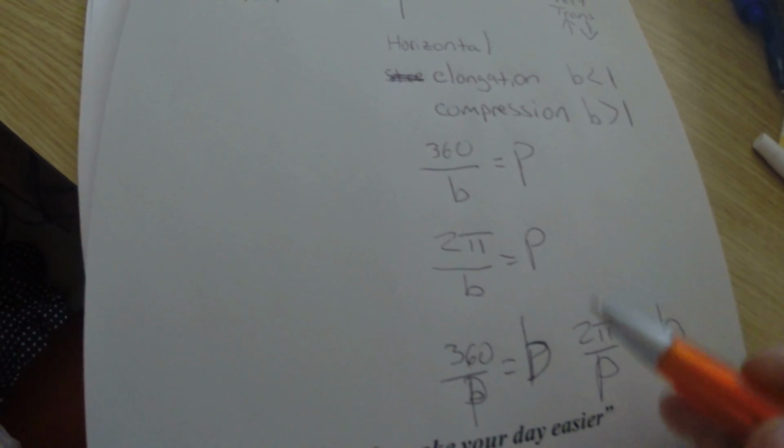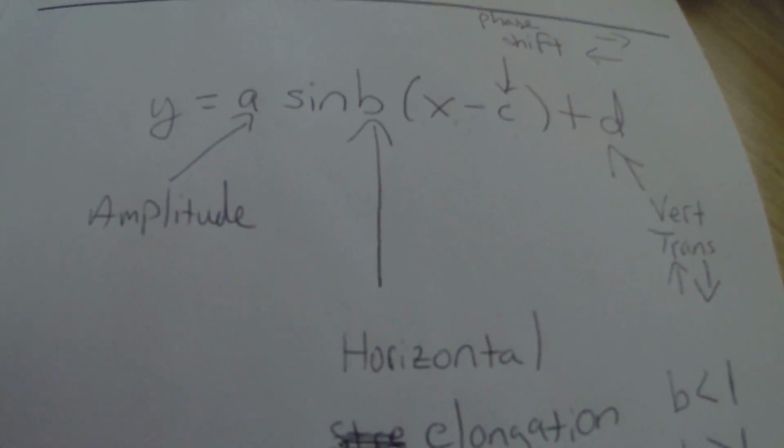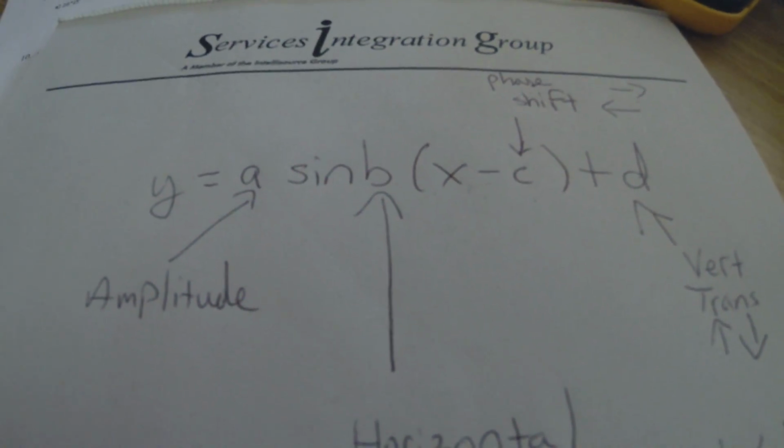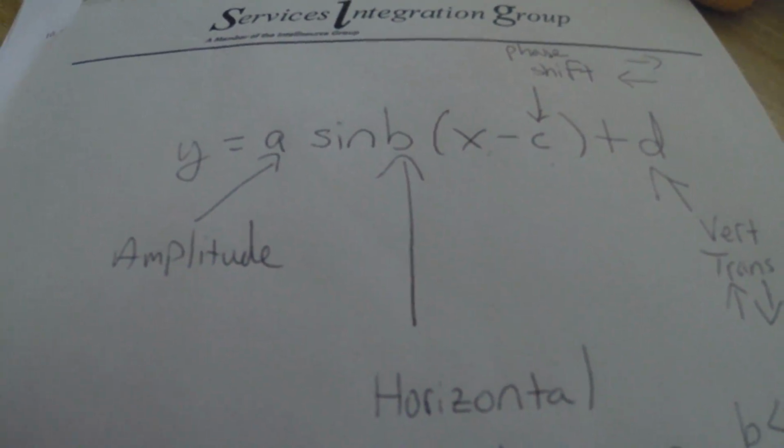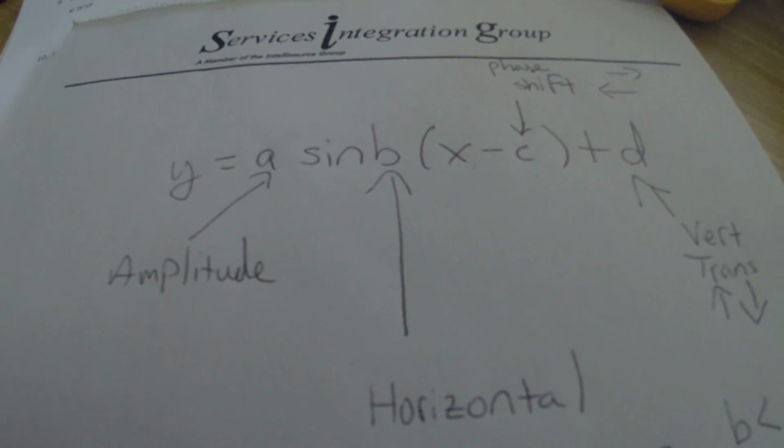Okay? So keep that in mind. So this is the big formula. This is the thing that you really need to use to solve a lot of the problems from Unit 4.